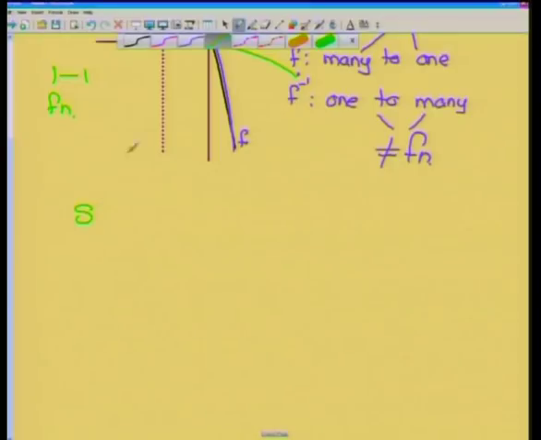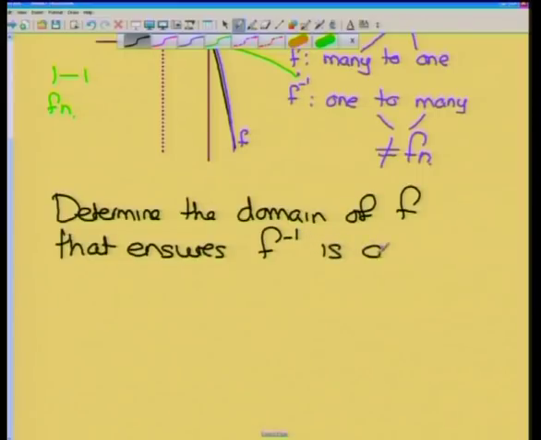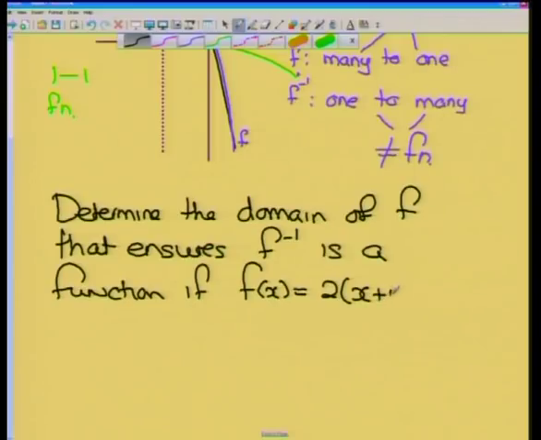I could say to you, determine the domain of f that ensures f to the minus 1 is a function, if f of x equals (2x plus 1) squared minus 2.